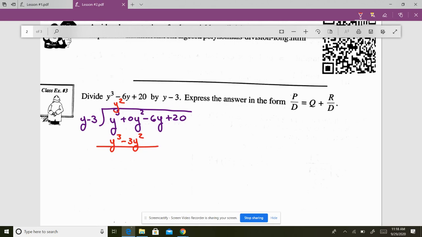There you go. And then you subtract them. What happens to the y cubes? They go away. 0y squared minus negative 3y squared is 3y squared.